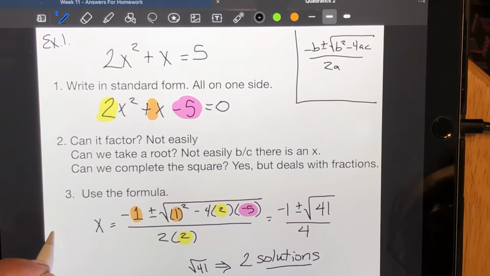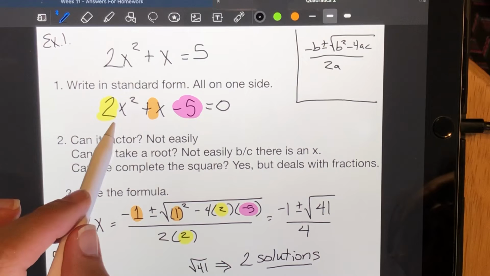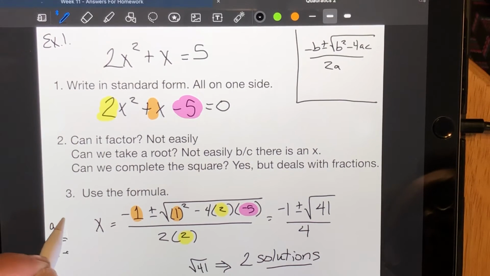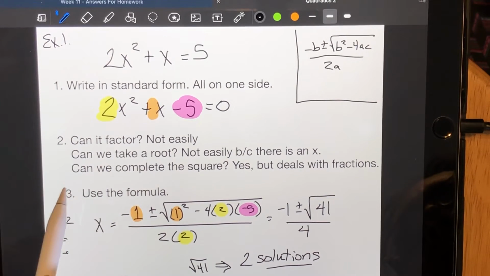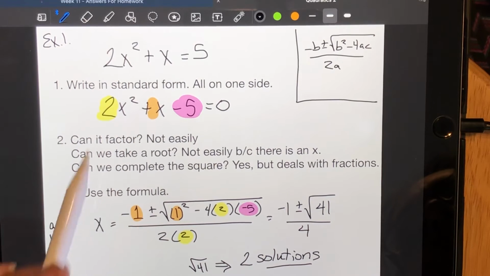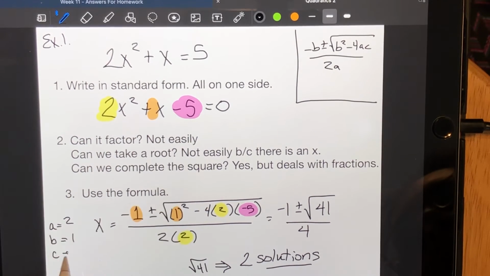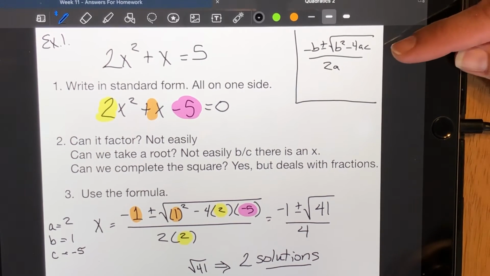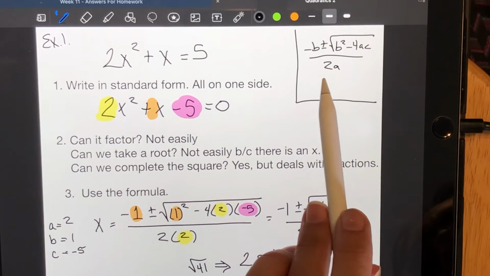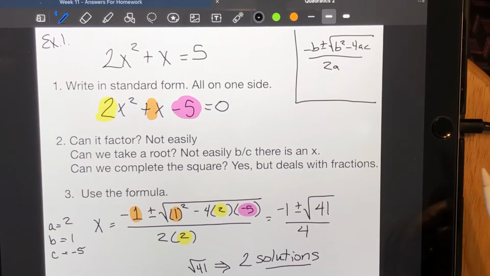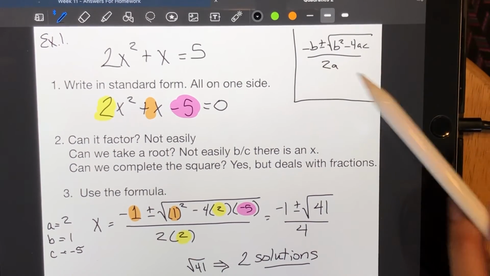The first thing I'm going to do is identify my values a, b, and c. A is the coefficient of my x squared, so a is 2. B is my coefficient of x. There is no number written there, which means it is the number 1. C is negative 5. Now that I have a, b, and c, I'm going to take my formula, negative b plus or minus the square root of b squared minus 4ac over 2a.